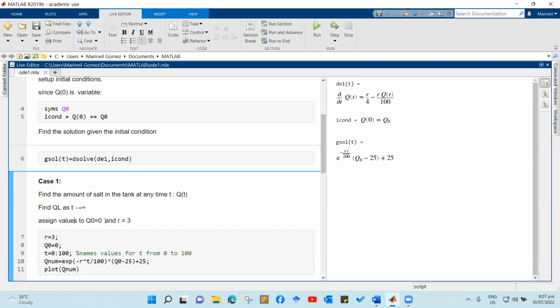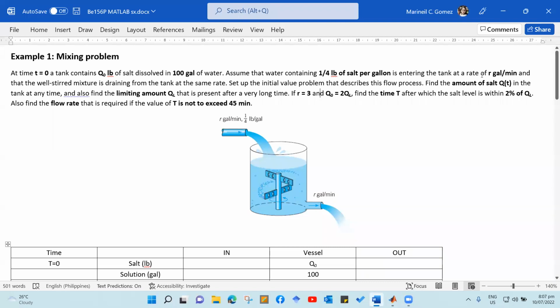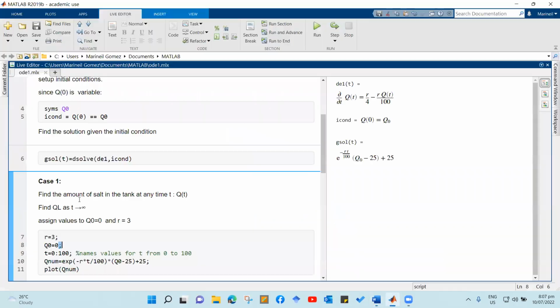Sorry. So first I assign values here. Okay, this is Q, not Q_0.